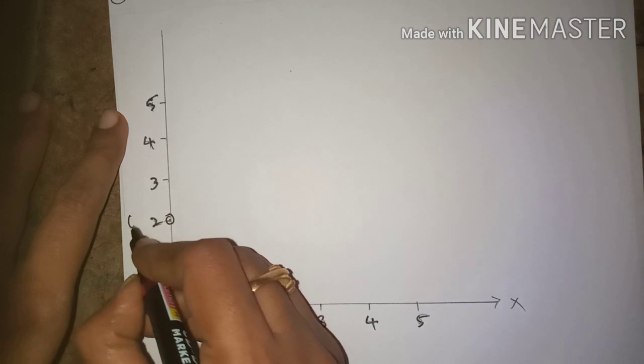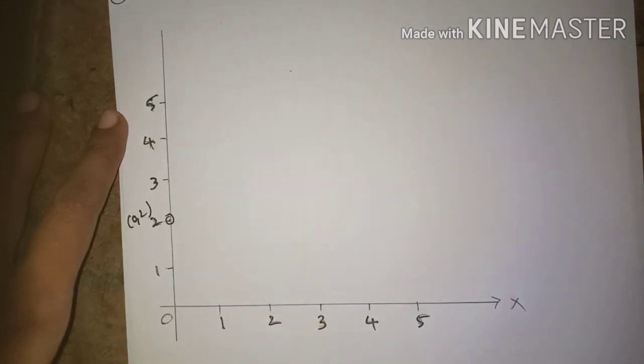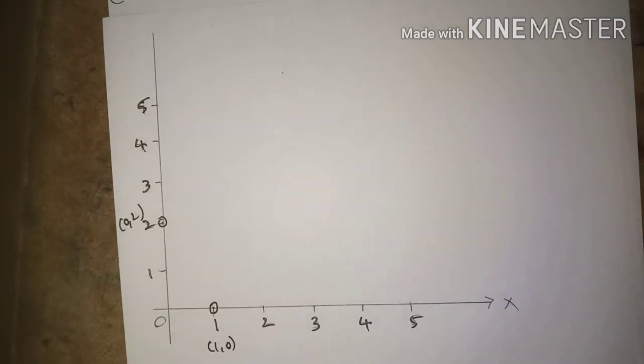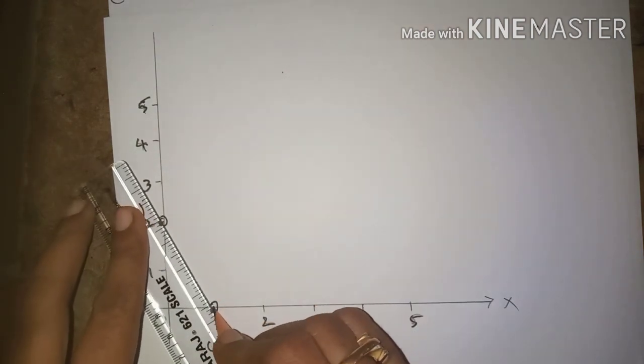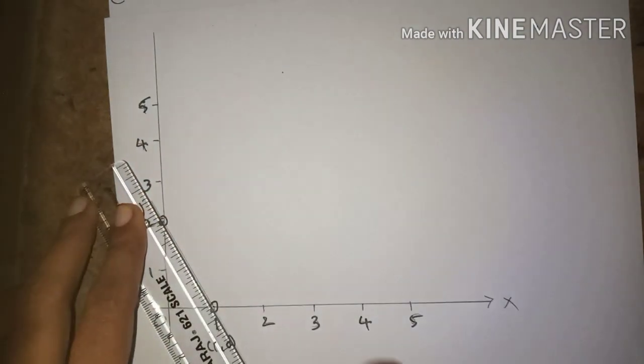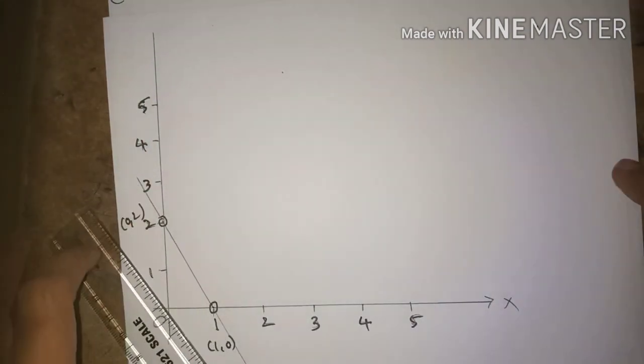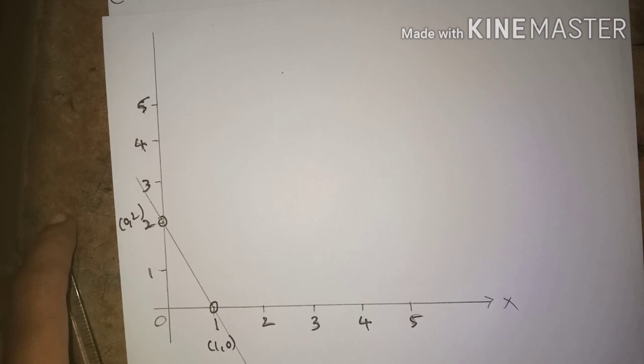Here you will get (0, 2). Second point is (1, 0). Join these two points with the help of the scale. This is the first constraint. Using the first constraint, we have got the line like this.